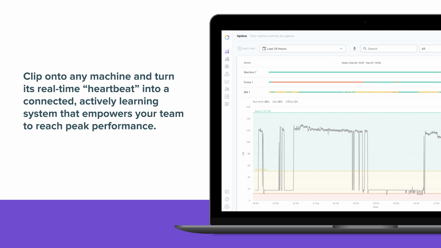And really what this is building off of is that simple truth that no matter where you are in the world, no matter what type of machine it is, it probably has a power cord. So we clip around that power cord and use the current draw as a way of seeing in real time when that machine is running on load, dry running or idle like you see in the yellow, or off like red.